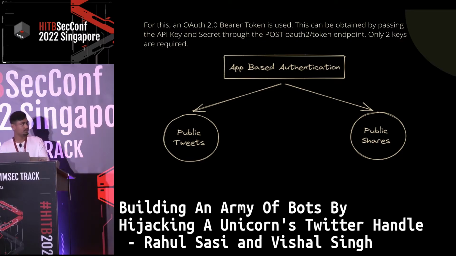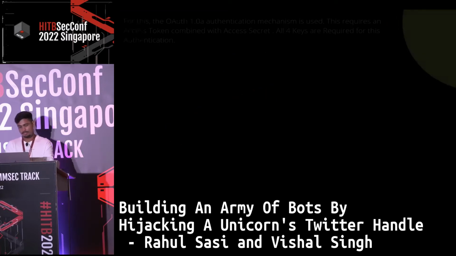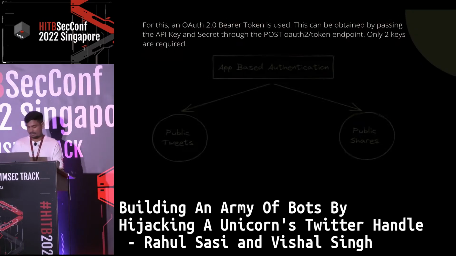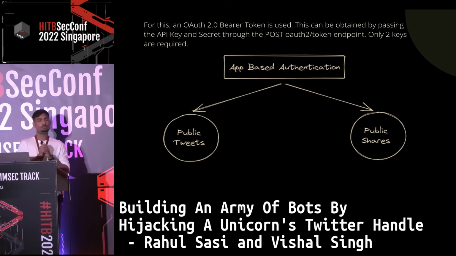These are the functionalities Twitter gives for app-based authentication. And for app-based authentication, there are only two keys required: the consumer key and the consumer secret key.